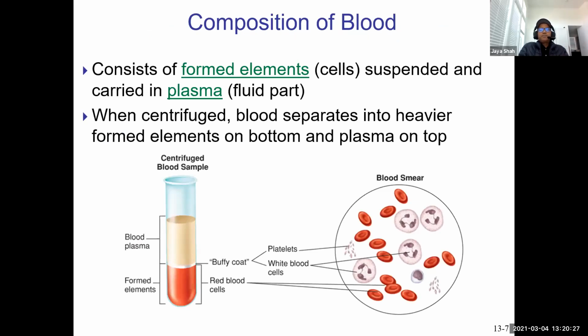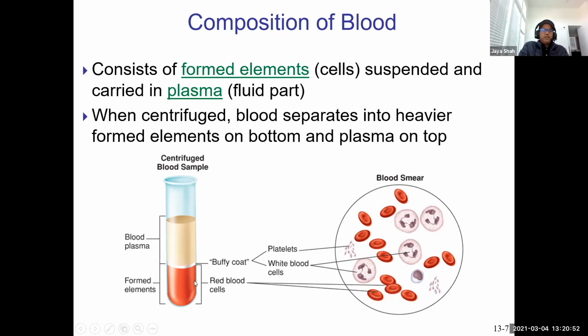Composition of blood. If you take a sample of blood from the vein, because veins are superficial, you see blood is a very red colored fluid. And if you put blood in a test tube in the centrifuge and centrifuge it, then it settles down into two layers.